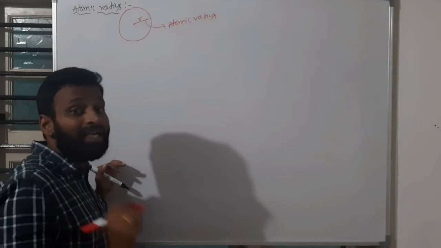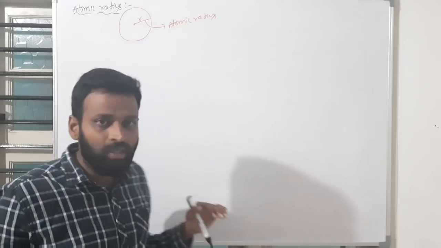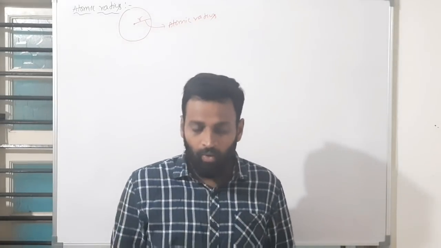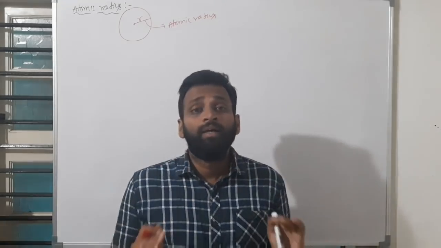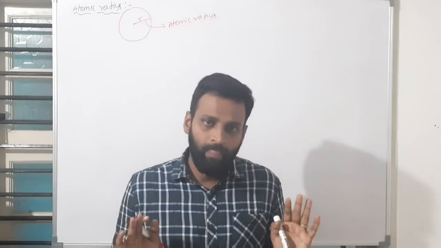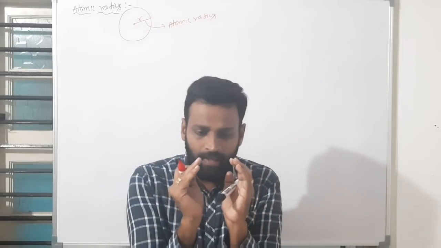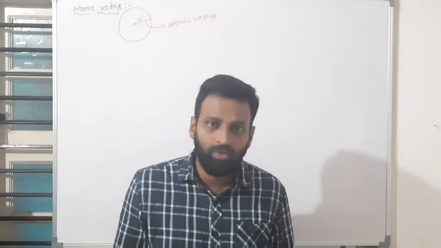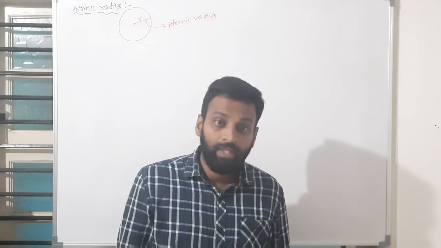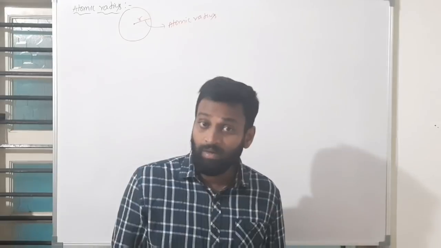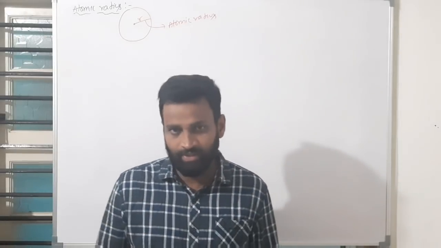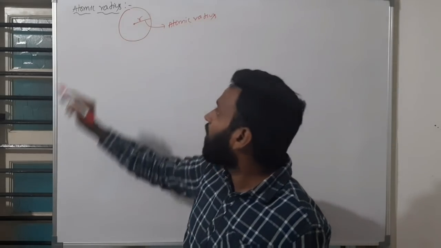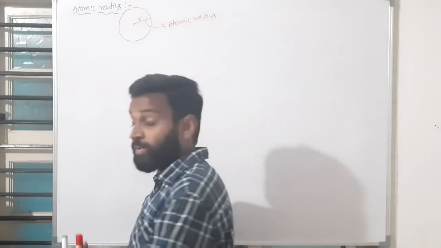If an atom is isolated, there are no attractions with any other atoms; the atom exists singly. Then what can you call it? Half of the internuclear distance.